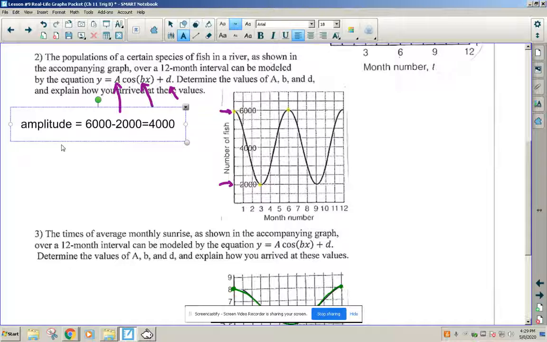And then if I divide that in half, that now is going to give me an amplitude that equals 2,000.